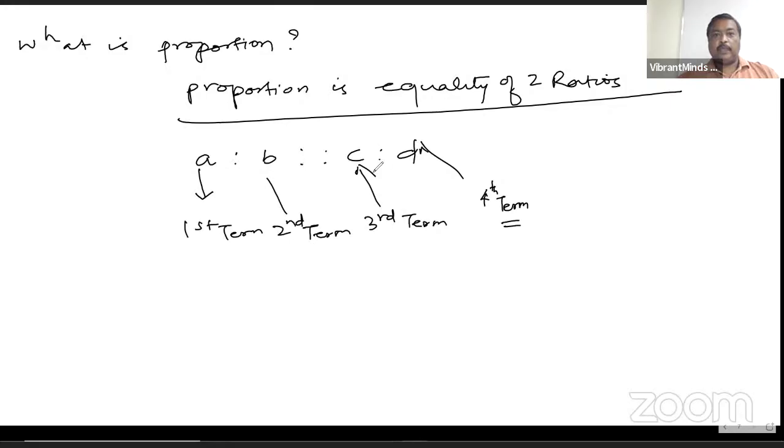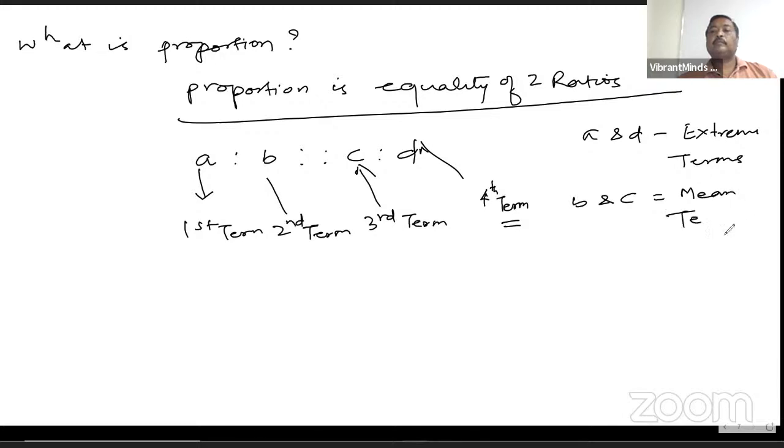Now see, A, B, C, D. A and D are known as extreme terms. B and C are known as mean terms.